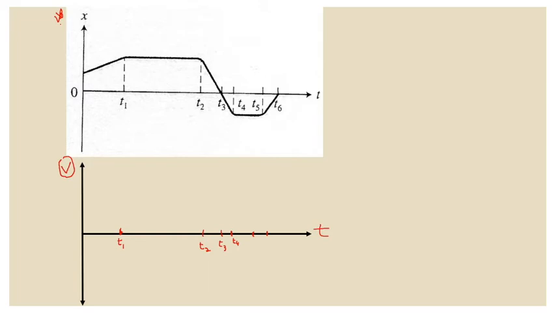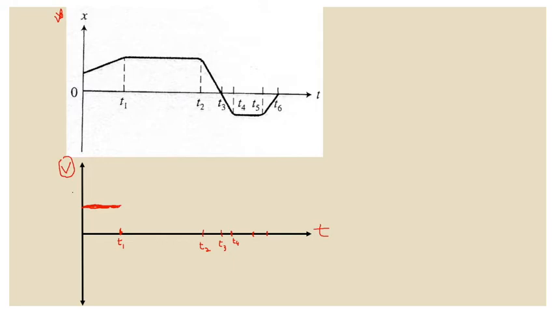So from 0 to T1, what can we say about the slope? Well, the slope is positive and the slope is constant. So that means, because the slope represents the velocity, the velocity should be positive and constant until time T1.